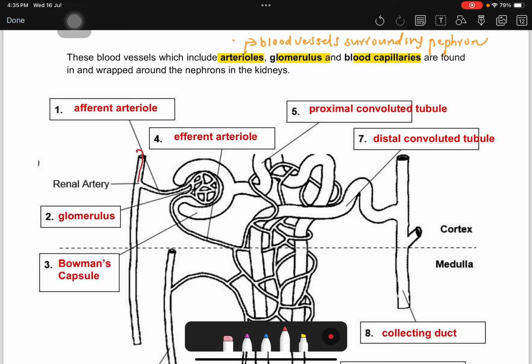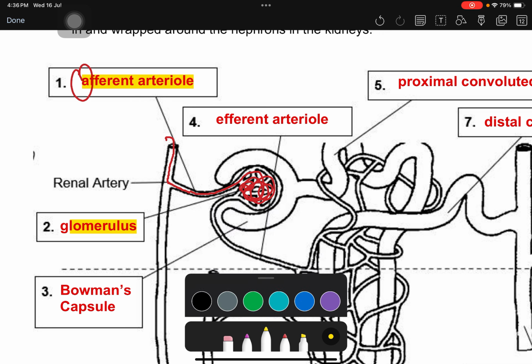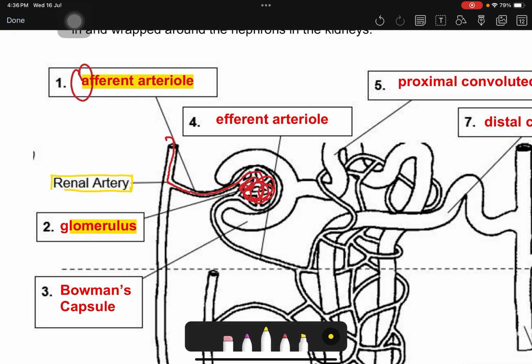Blood from the renal artery will enter the kidney, and then it will branch off into the afferent, starts with an A, so that's the first afferent arteriole in each nephron, which will go into a web of blood capillaries, the glomerulus. So from the renal artery to the afferent arteriole to the glomerulus. I'm not sure why I can't highlight the words renal artery, but yes, this is part of the blood vessels.